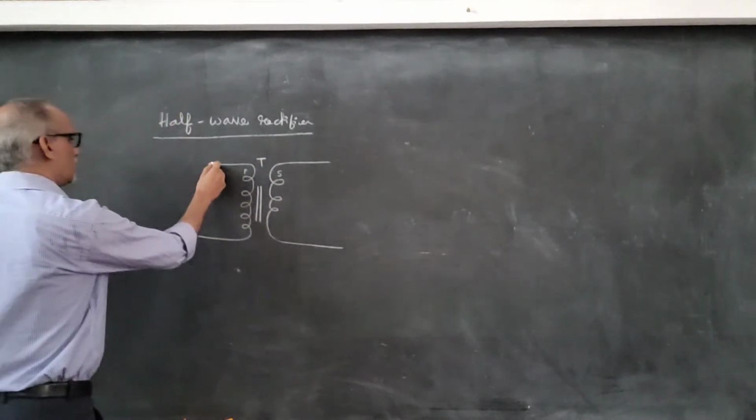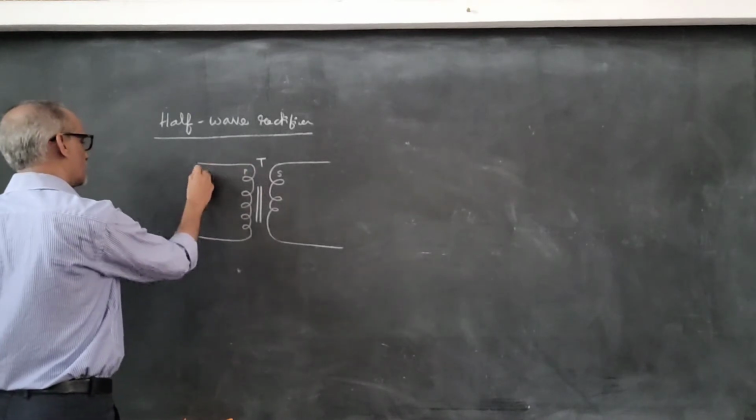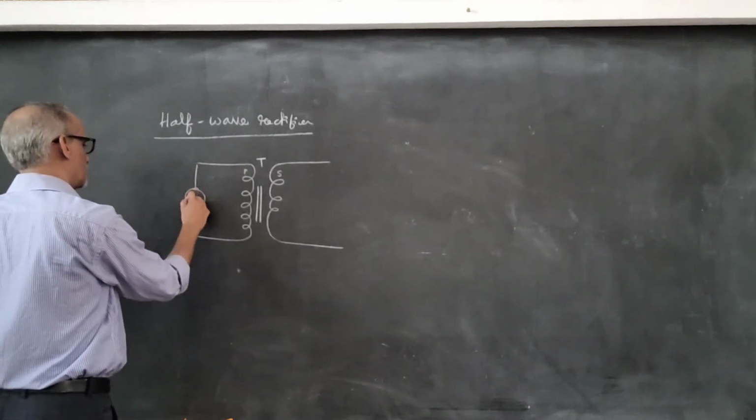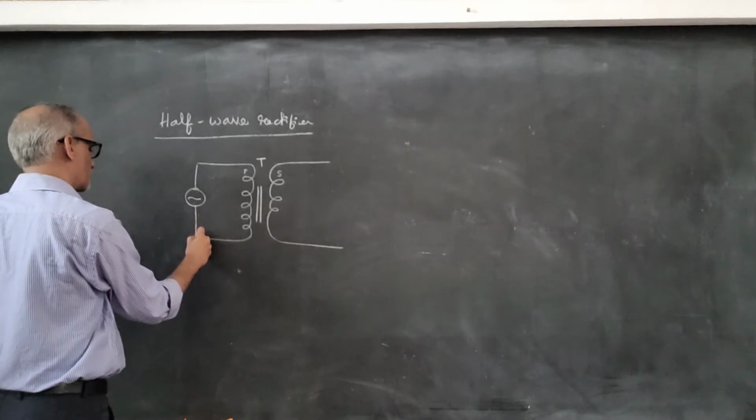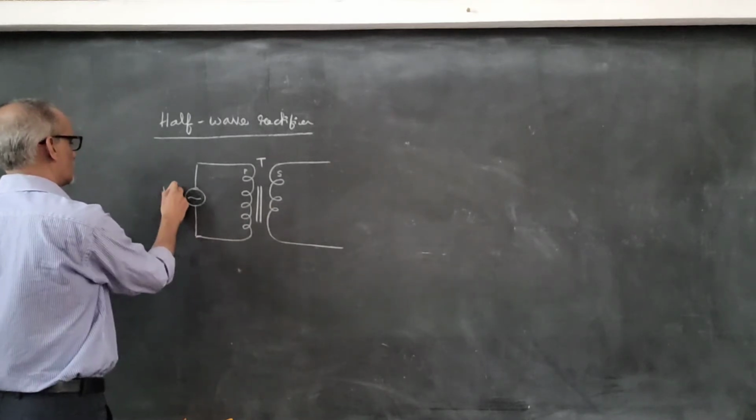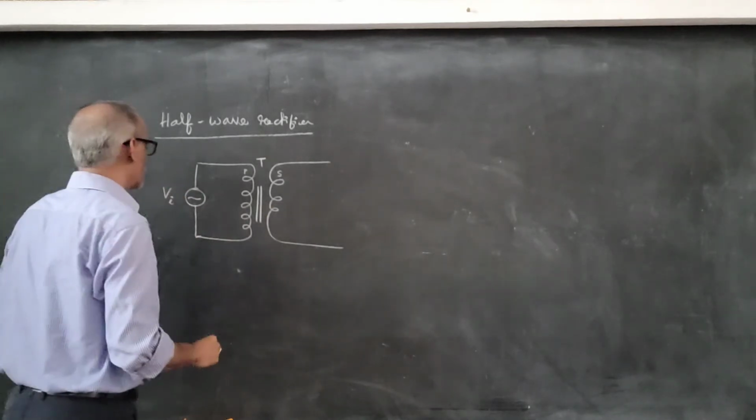So this is the transformer, and then to the primary we connect an AC source. So this acts as the input voltage.